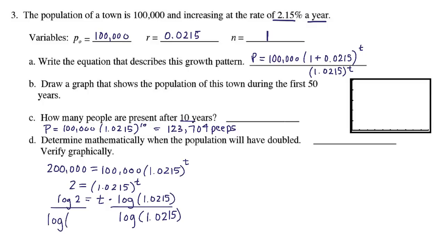So here, 1.0215. And so it looks like if we type that in, hopefully we will get a time frame of 32.585 years. So that's not real long for your population to double.